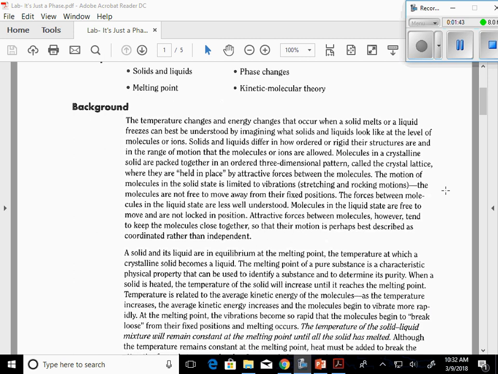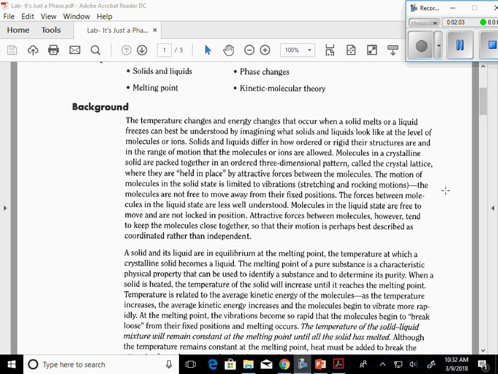The temperature is related to the average kinetic energy of the molecules, which is the energy of motion. As the temperature increases, the average kinetic energy increases, and the molecules begin to vibrate more rapidly.